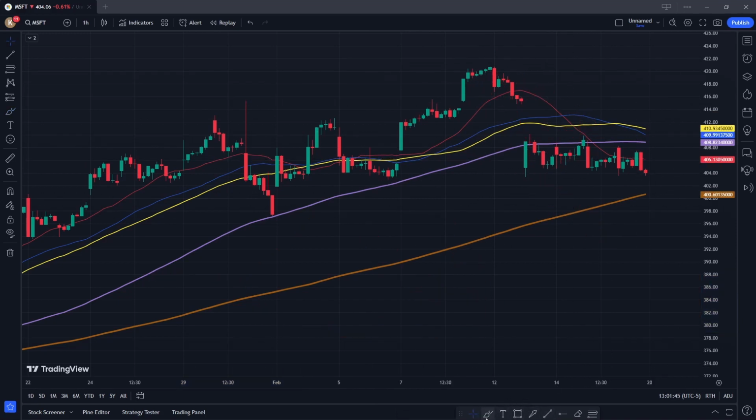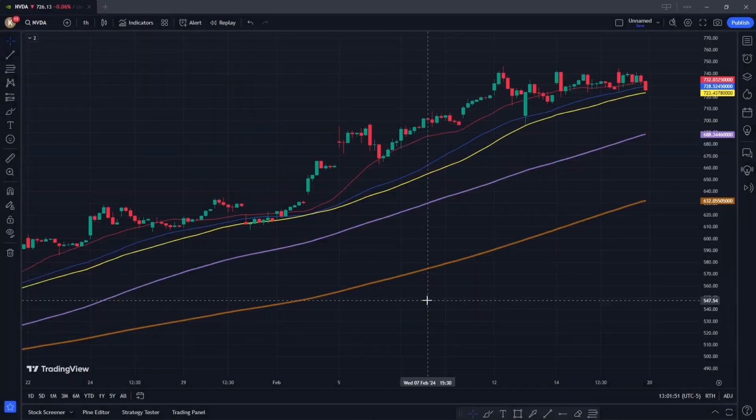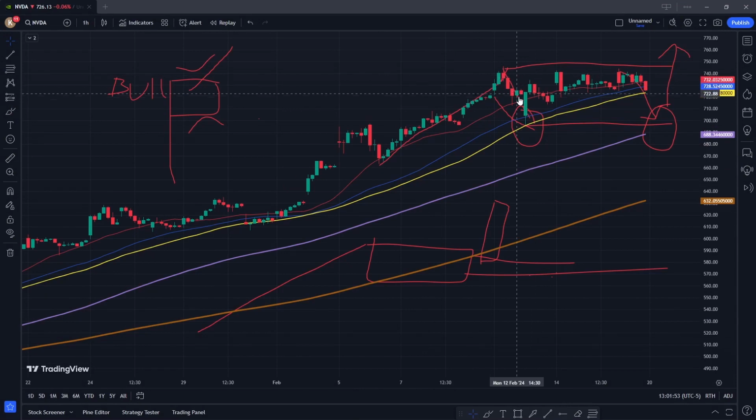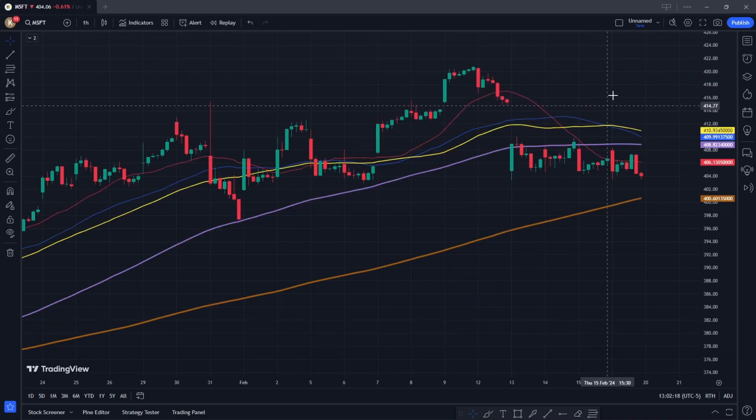Now, I don't know if you noticed, but when we mentioned Nvidia, because that's what we were looking at before, I said that now this looks like this, where because the price hasn't been able to break out of here, it's been consolidating. You might be thinking, well, that's kind of the same thing that's happening with Microsoft, what we were looking at.